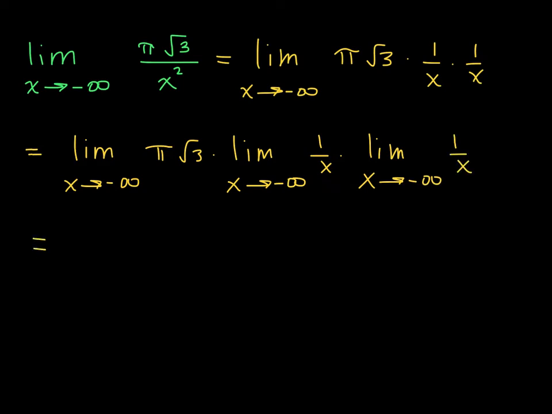Now, again, pi root 3 is a constant, so that's just pi root 3 times, and then again, we just determined that the limit of 1 over x as x approaches negative infinity is 0, so then this is going to be times 0 times 0, so this limit is 0. These are limits at infinity.